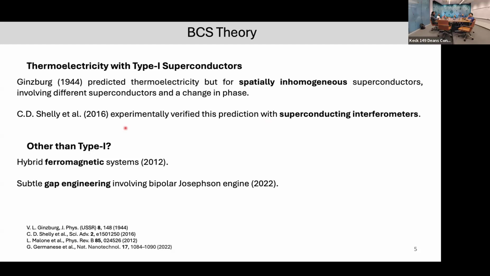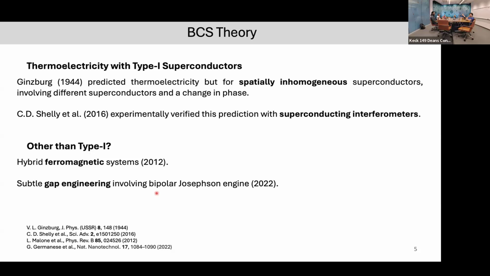And also, apart from type 1 superconductors, even if you include the other kinds like high temperature or ferromagnetic systems, there's not a lot of possibilities to obtain thermoelectricity. There are some recent results with respect to it, like you can get thermoelectricity in ferromagnetic systems, or you can employ some subtle gap engineering involving bipolar Josephson engines.